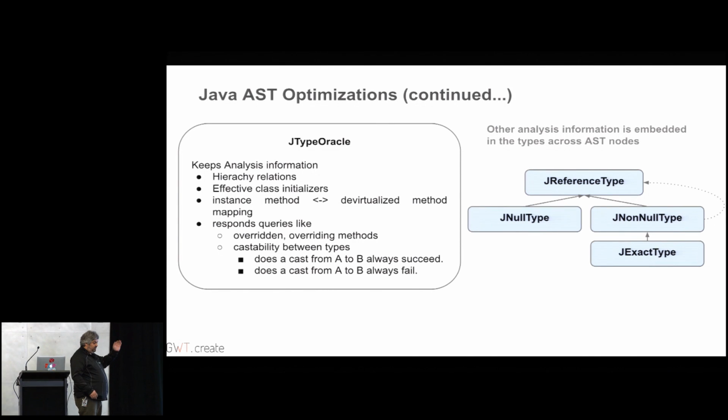For example, if you have several classes and only the top superclass has an initializer, and you ask about a subclass, it tells you that to initialize this class, you only need to initialize the superclass. It keeps mappings, so when we devirtualize methods, we need to know which method devirtualized which call. And it can answer questions like: casting from A to B, does it always succeed? Does it always fail? This is very useful for optimizations.